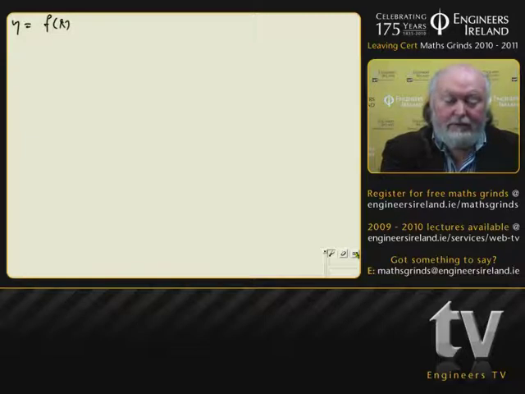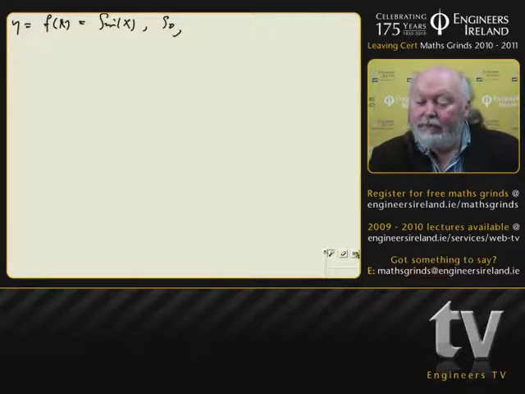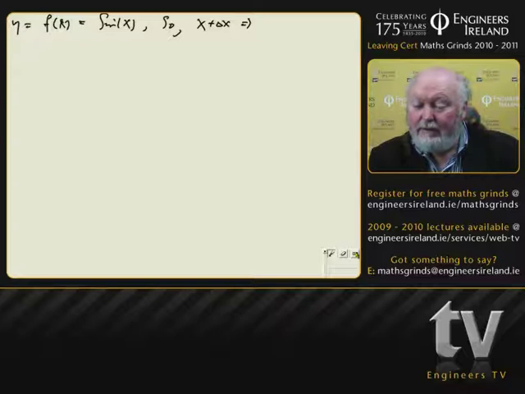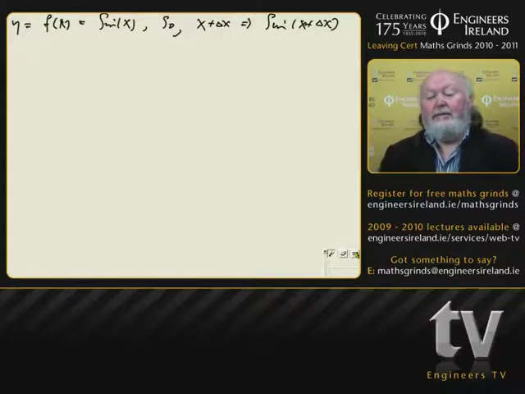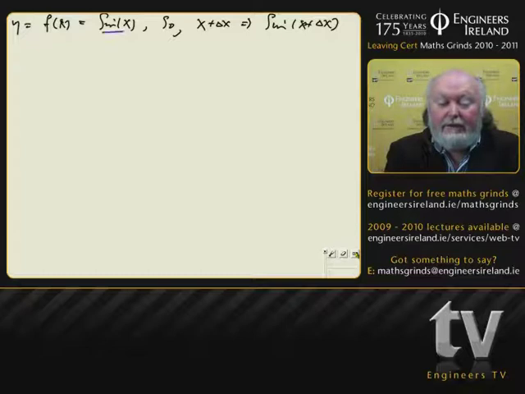y is now going to be this function of x, which is sine of x. So when we've got x plus delta x, that implies the sine of x plus delta x. When we've got x, we've got sine x.